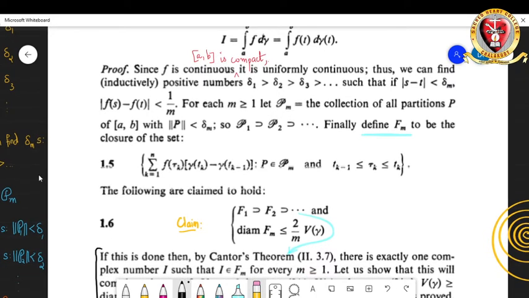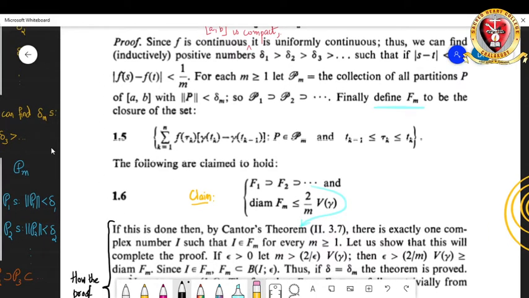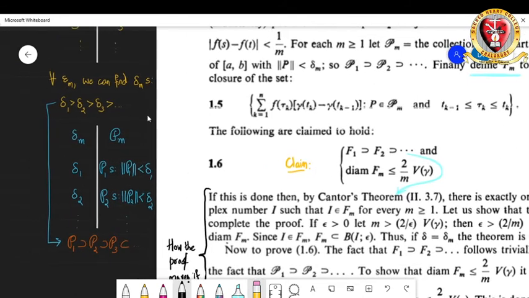Now we have two claims. To understand it a little bit more properly, for each delta n, we can find script P m. If you have a delta 1, you have the collection of all partitions whose norm is strictly less than delta 1 coming under the set script P1.